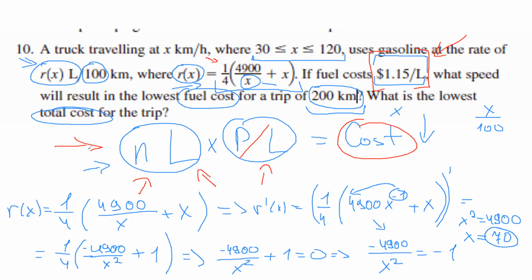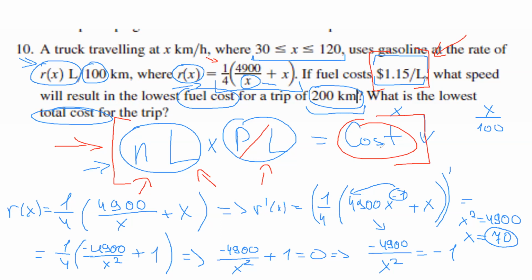So let me talk you through it again. First of all, we figured out the formula for the cost of the trip. The cost of the trip depends on how many liters we use and how much a liter costs.